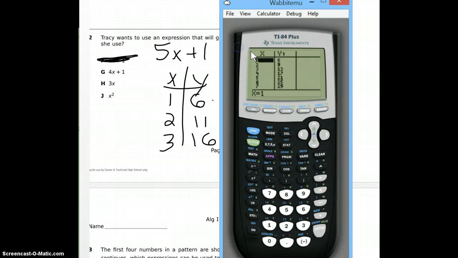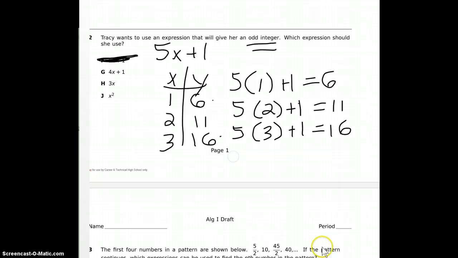Second graph, and right away I can see that regardless of what number I put in, I can put in any negative number, all of my outputs are odd, and I can put any positive number in, and I will still have odd numbers come out as outcomes. So my answer right away has to be G, because this will produce nothing but odd integers.